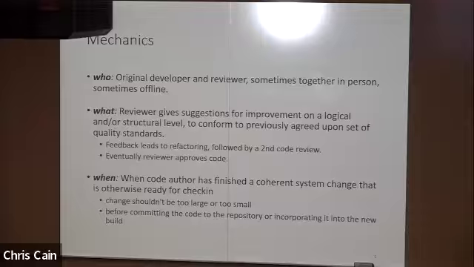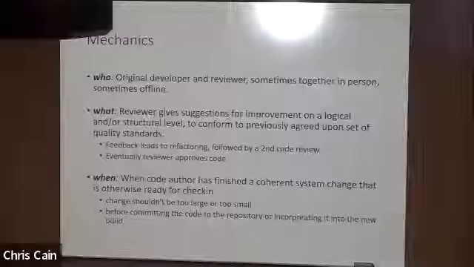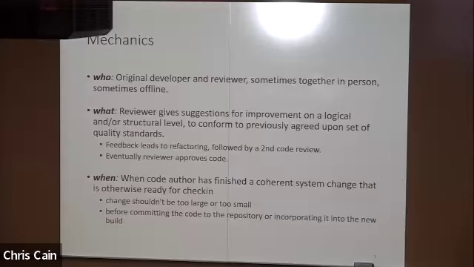When do you want to do a code review? Any coherent system change. So you don't want to code review a single line of code, but you also don't want to wait until an entire class with its many components has been completed necessarily. By the time someone is ready to commit a reasonable size change to your repository, a code review should be about 1 page of code at most, in my opinion.